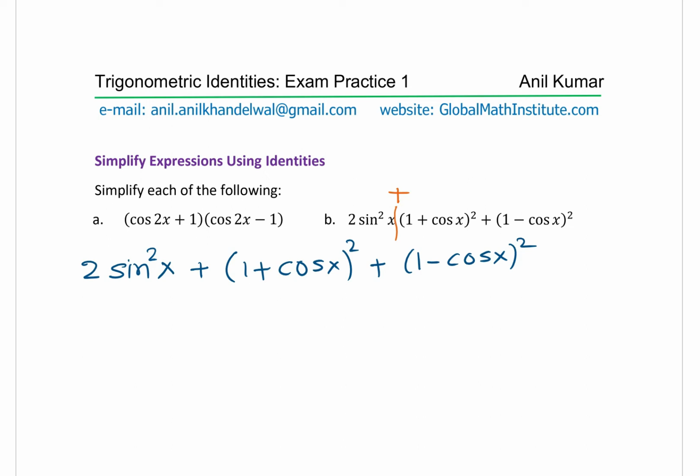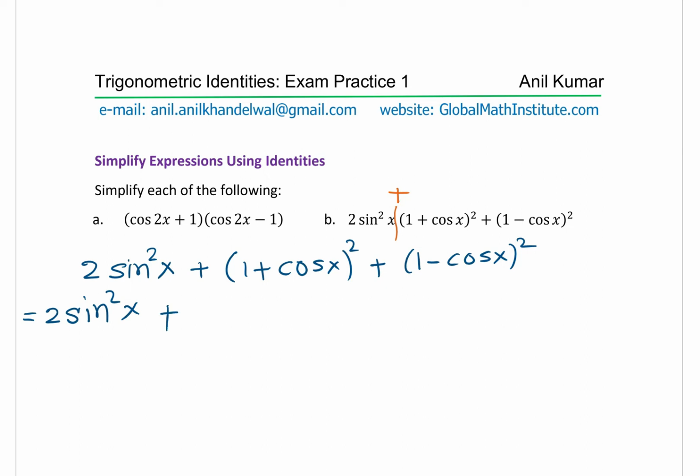So the idea is to expand the square terms. Since you see that they are all in cosine, you might tend to even write sine square x as 1 minus cos square x. But for now, let me keep it as 2 sine square x. Let us see what do we get from the next two terms.